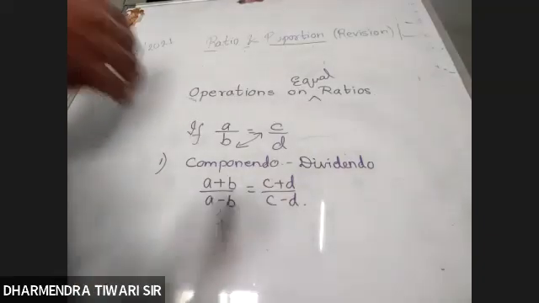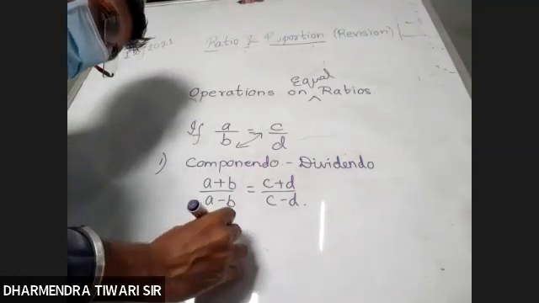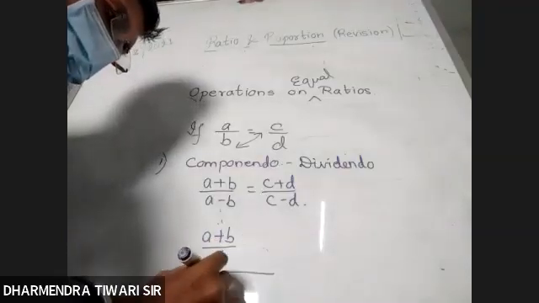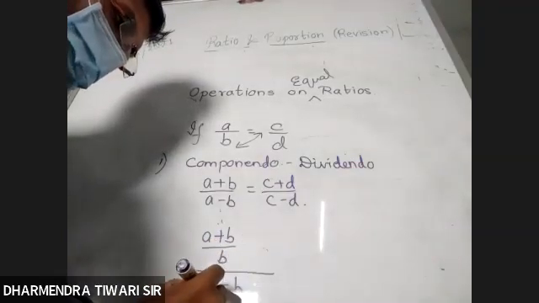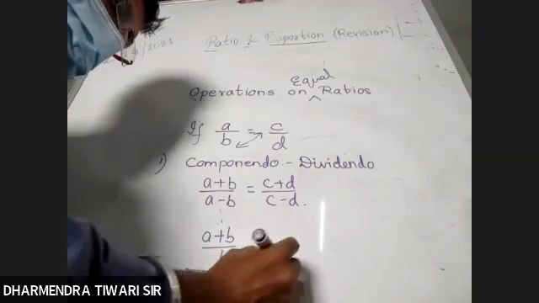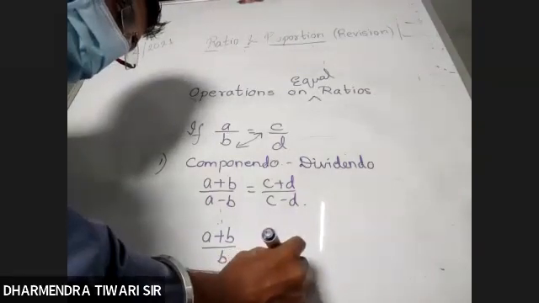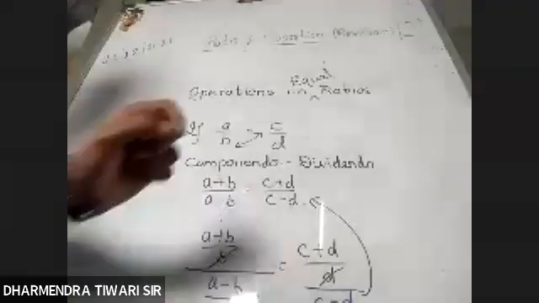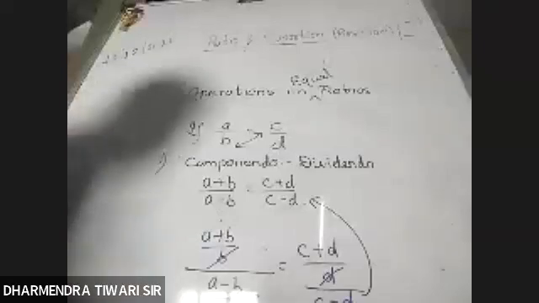How we got this: A plus B upon B is by componendo, A minus B by B is by dividendo, C plus D by D by componendo, C minus D by D by dividendo. Dividing, we get the result A plus B upon A minus B is equal to C plus D upon C minus D.